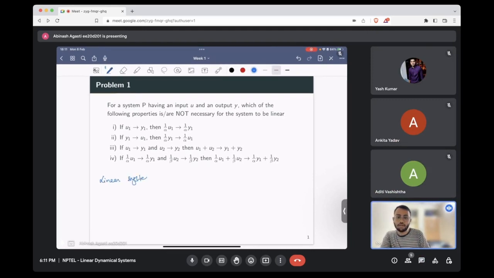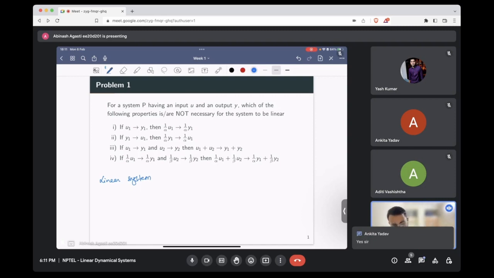Are you guys able to see what I'm writing on the screen? You can just type a yes. Thank you.